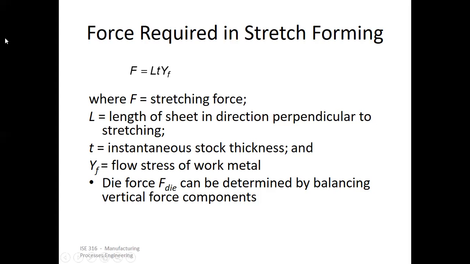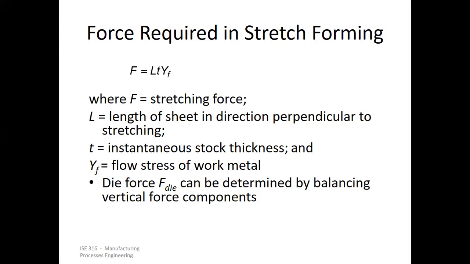So L is the length of the sheet in the direction perpendicular to stretching. T is the instantaneous stock thickness, right? At any instant, if you want to know the force required, then you have to put in that instantaneous stock thickness, and YF is the flow stress of the work metal.